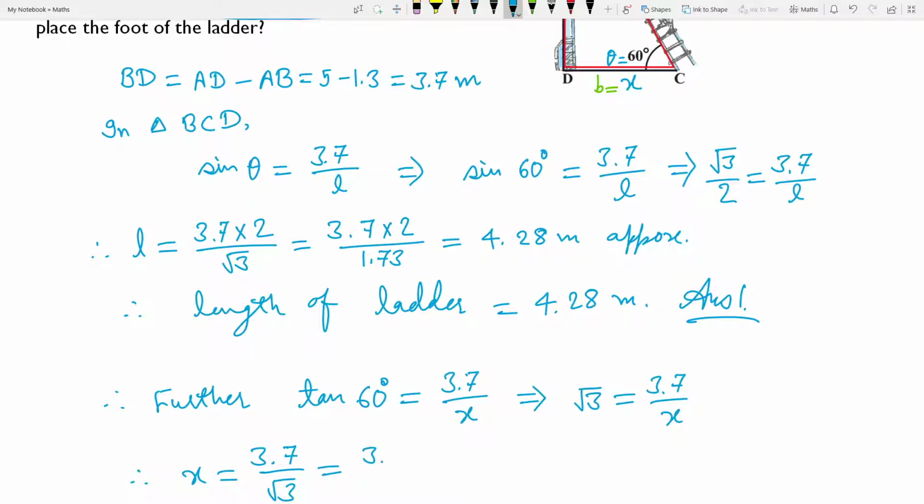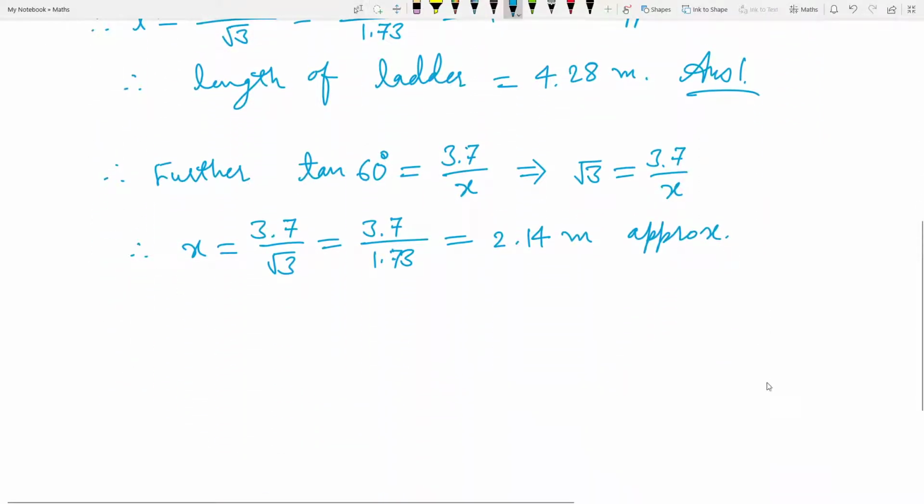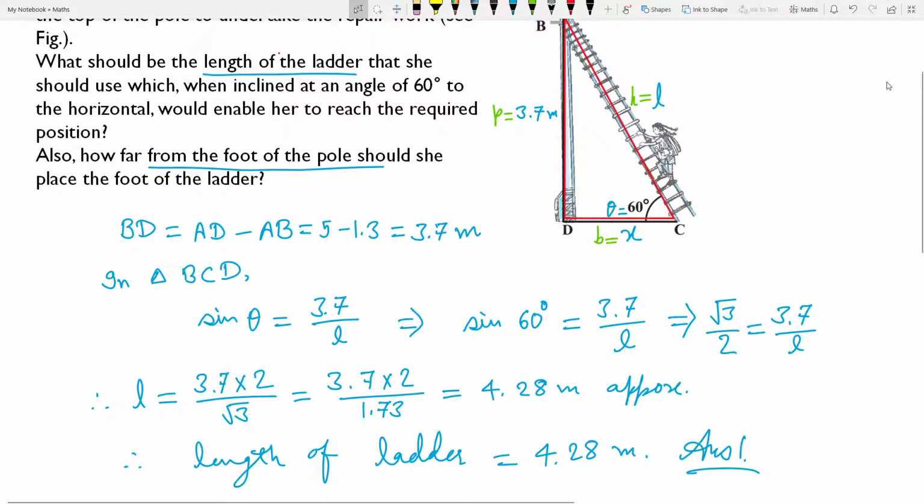Again, it goes 3.7 upon 1.73 approximately, which comes out to be 2.14 meters approximately. Therefore, we have the next answer.